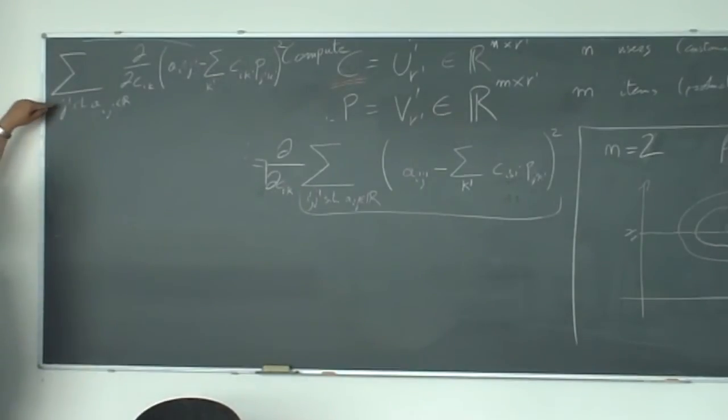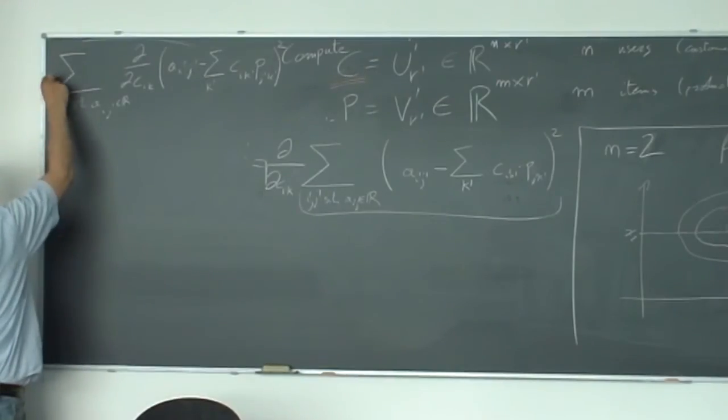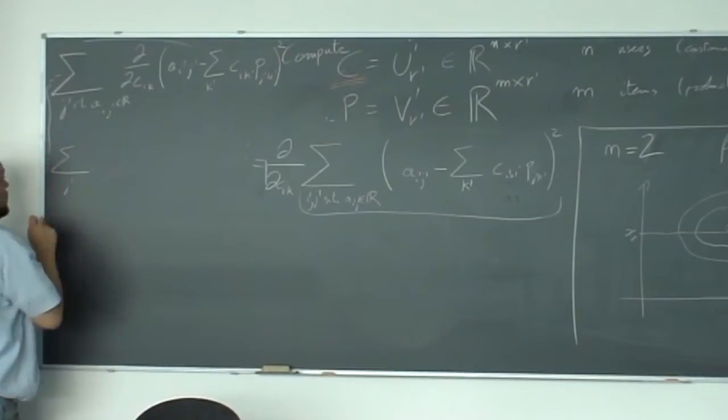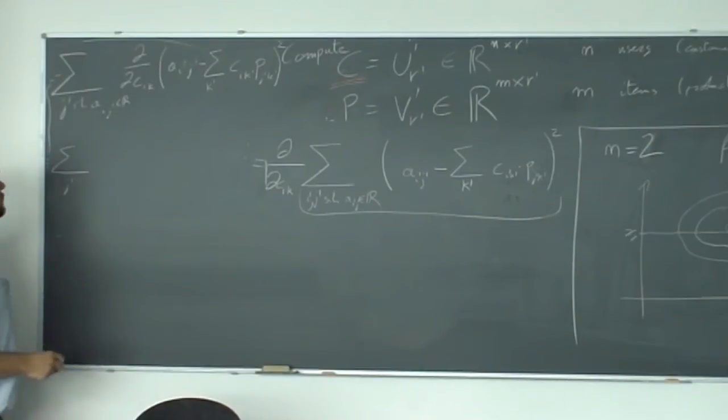Okay, I only took the elements in the sum where i is equal to i prime. So here we get the sum over j prime such that and so on.